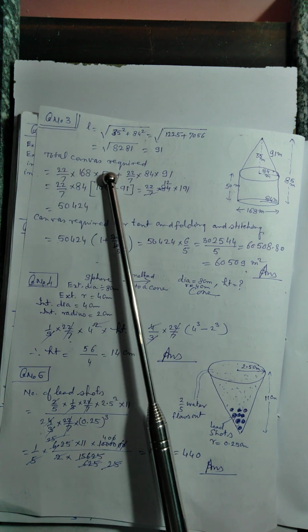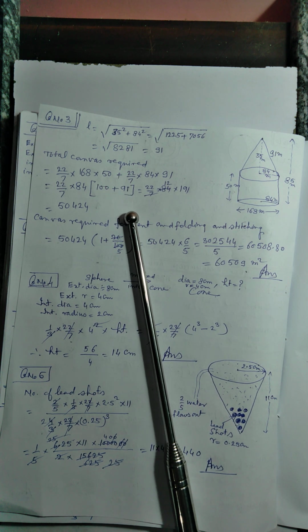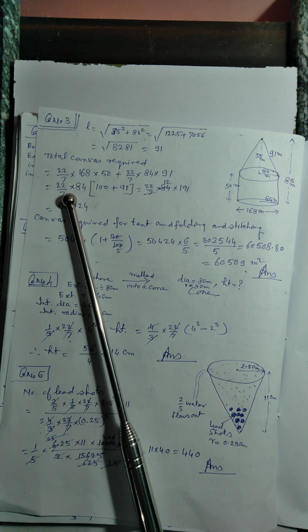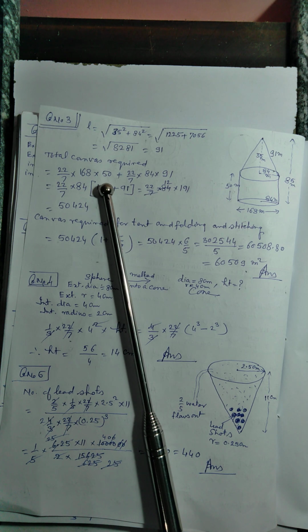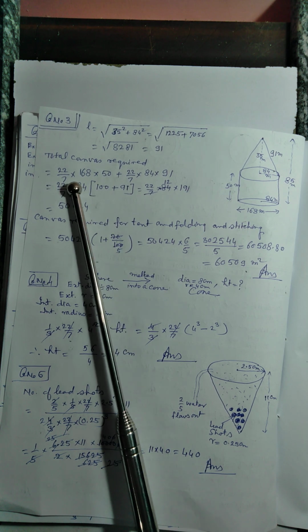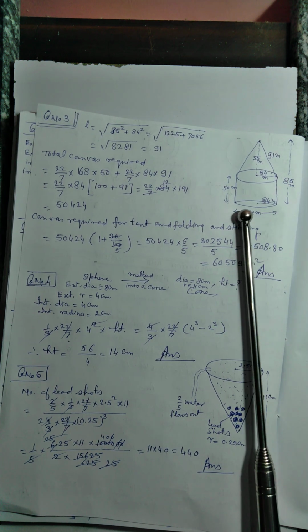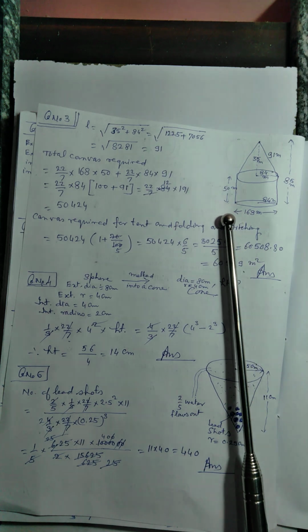Now the total canvas required in the tent will be 22 by 7 into 168 into 50, meaning pi dh. Pi d means circumference, circumference into height.